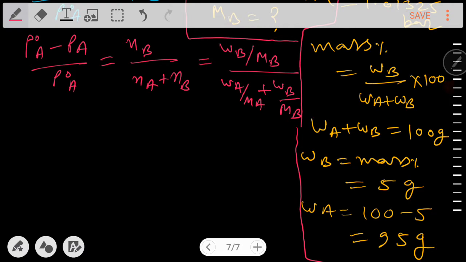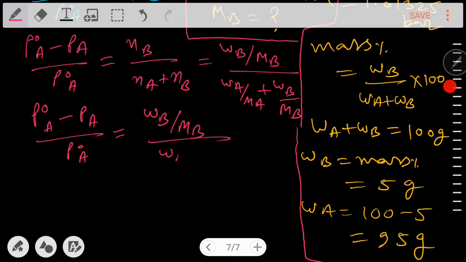So if you neglect WB by MB in the denominator, we will get the equation P naught A minus PA upon P naught A equals WB by MB upon WA by MA.